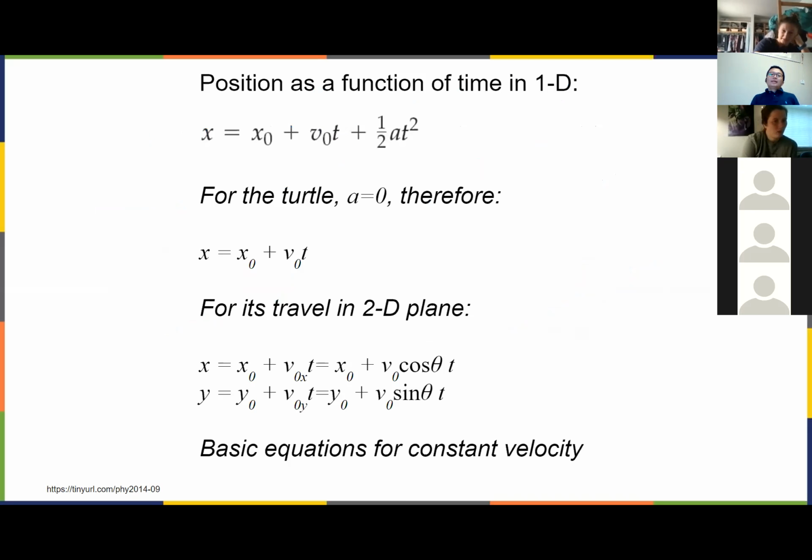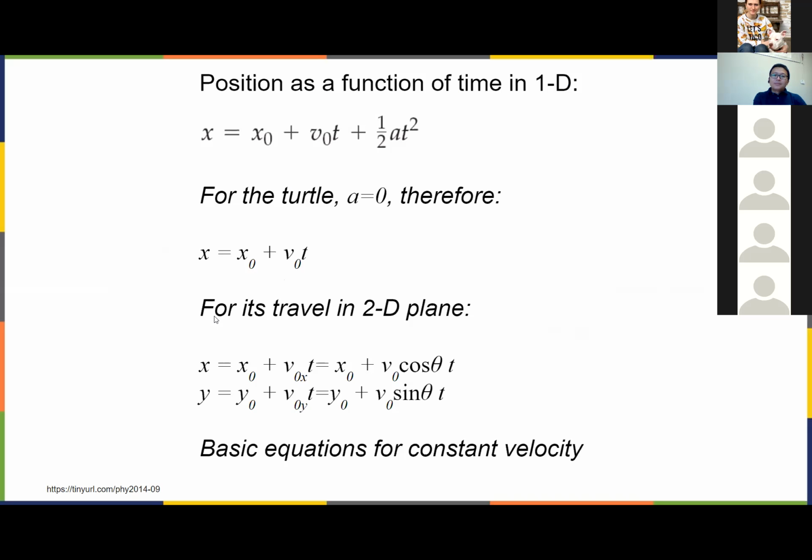So in this case, if your acceleration is equal to 0, meaning you are having constant velocity, just like the turtle did in the previous slide, then your position as a function of time t only depends on the initial position, the initial velocity, and the time t. So it becomes the second equation here, x equals x naught plus v0 t.